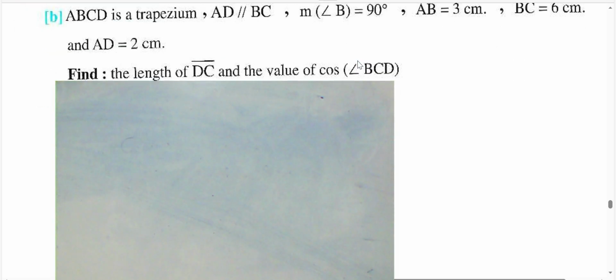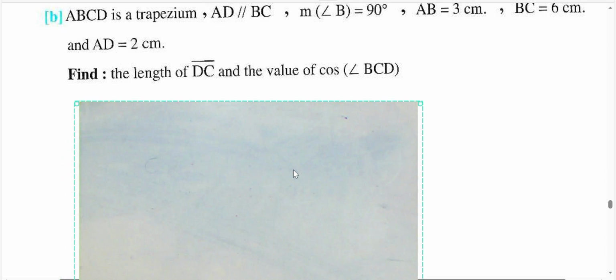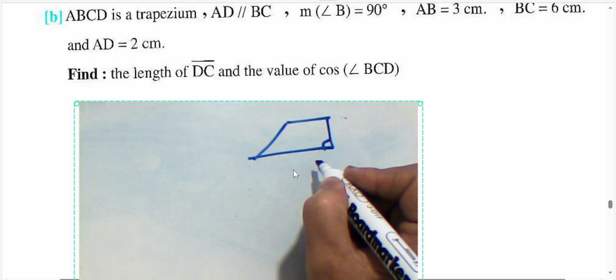Next question. ABCD is a trapezium. AD parallel to BC and the measure of angle B is 90 degrees. This is a famous question, it comes all the time in the exam.